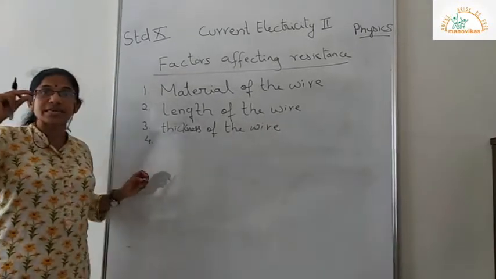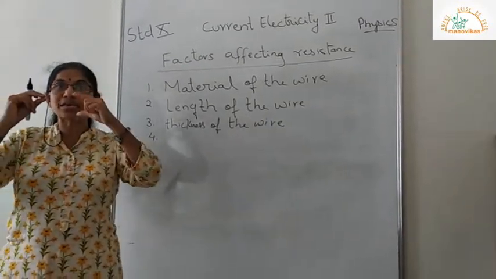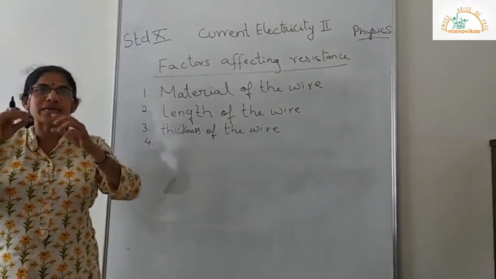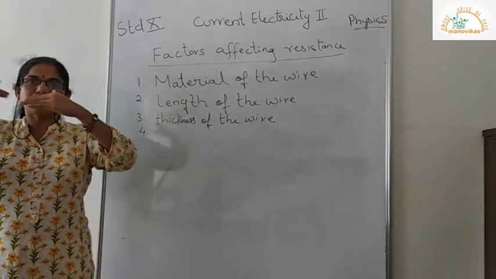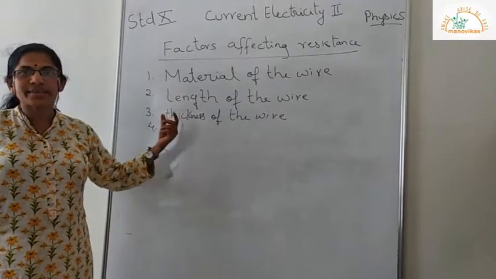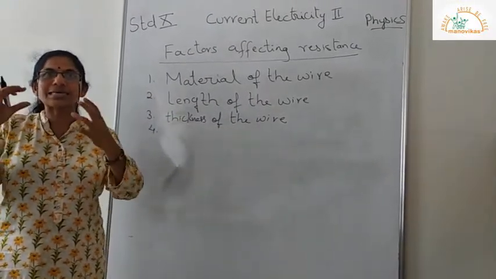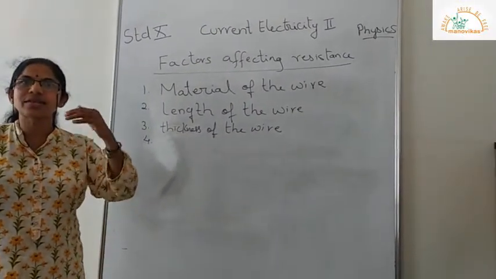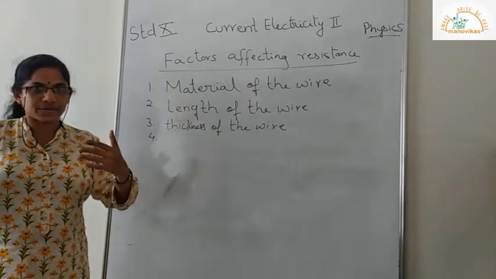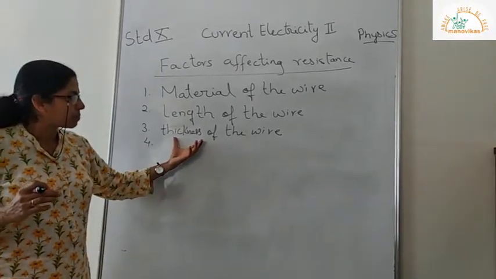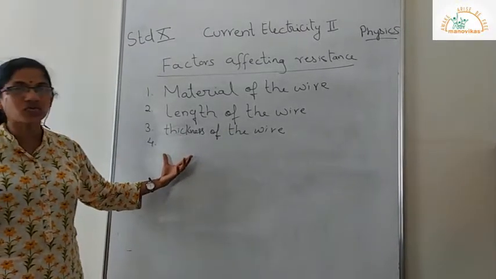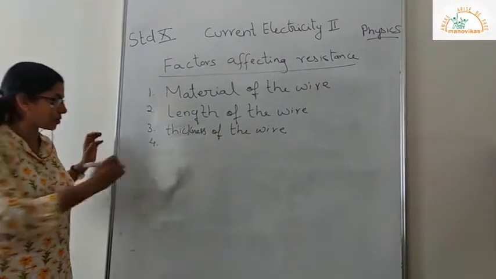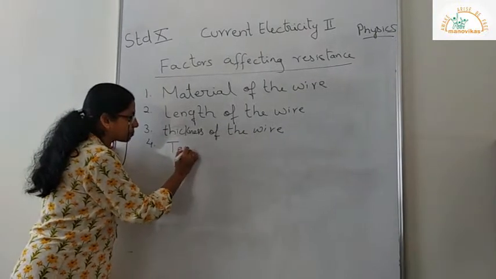If the wire is thick enough, that means it has a larger area, then the resistance will decrease, because electrons will get more room to flow. As the thickness of the wire or the conductor increases, the resistance will decrease. Correct? And the last factor, the fourth factor, is the temperature of the conductor.